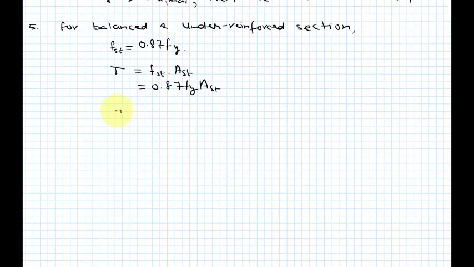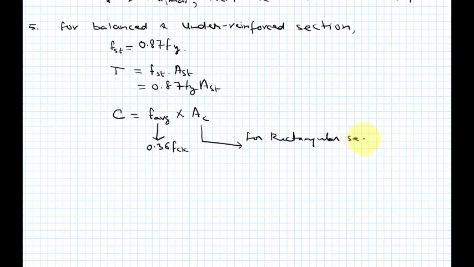Regarding compressive force C, this is the average compressive stress into the concrete area in compression. Here the average compressive stress in concrete is taken as 0.36 FCK. If the section is rectangular, the area of concrete in compression is B into the neutral axis depth.